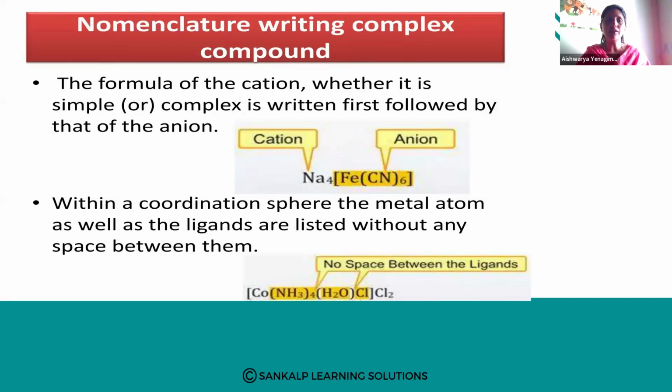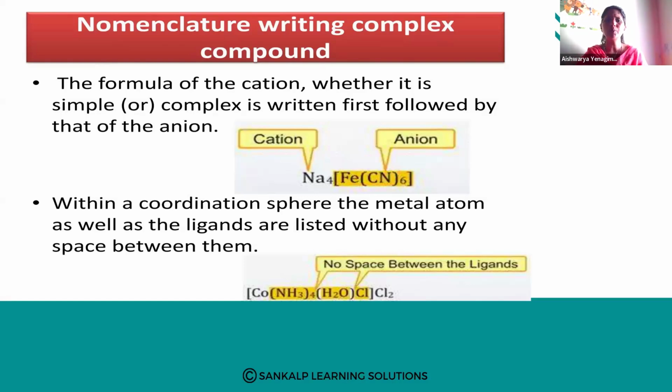Let us see here. There are certain rules to write the names of the complex compounds. What are the rules? The formula of the cation, whether it is simple or complex, is written first, followed by that of the anion. This is known to us.